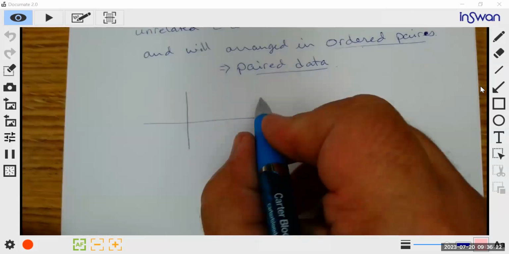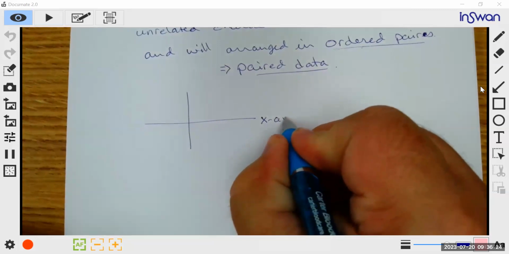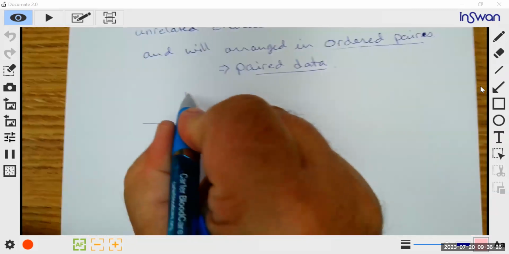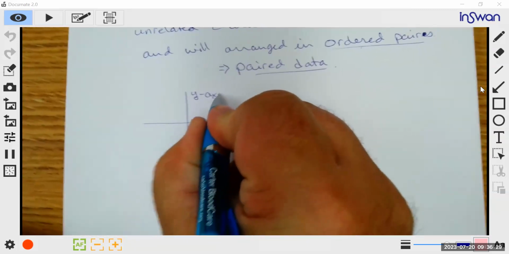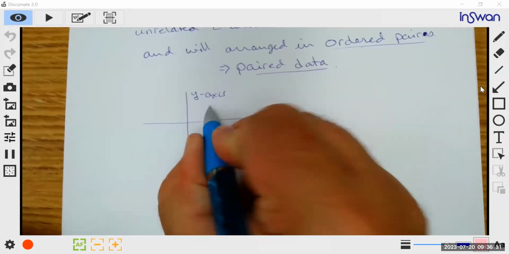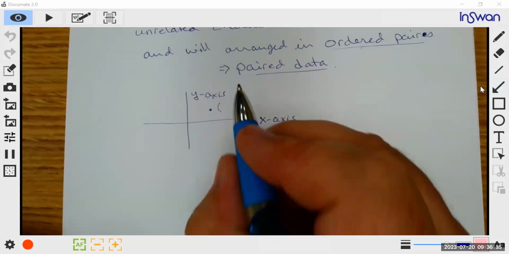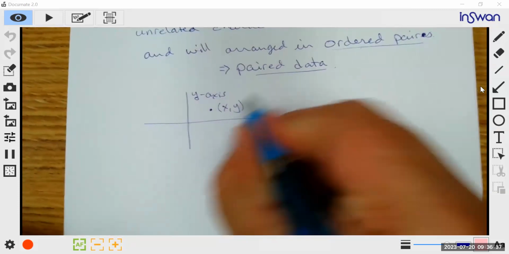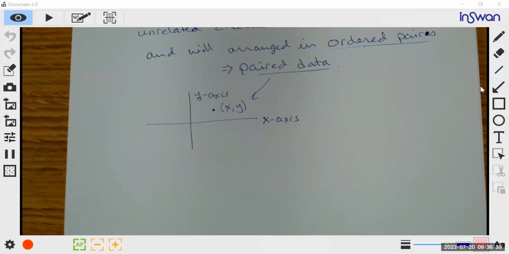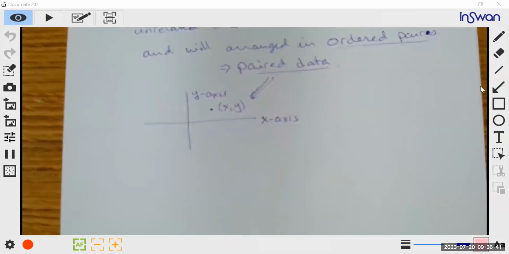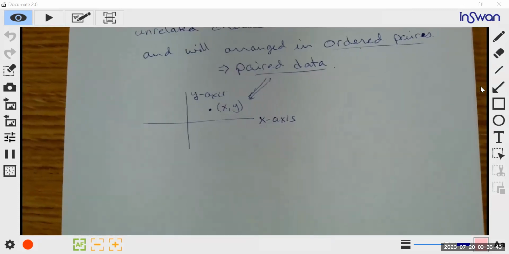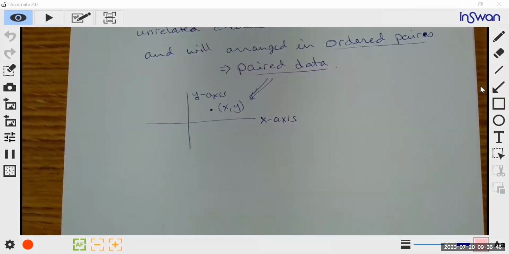It's the x-axis, and the vertical? So if we had a piece of data right there, what would be its location? X, Y. That is what we call paired data. So this is how we're going to go about looking at, are the data correlated?